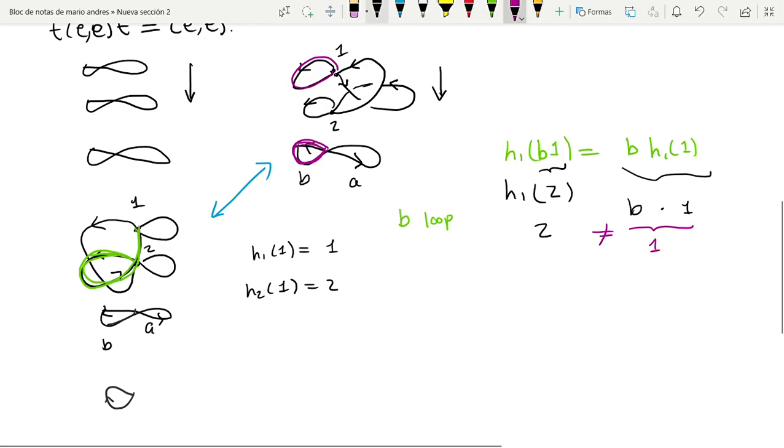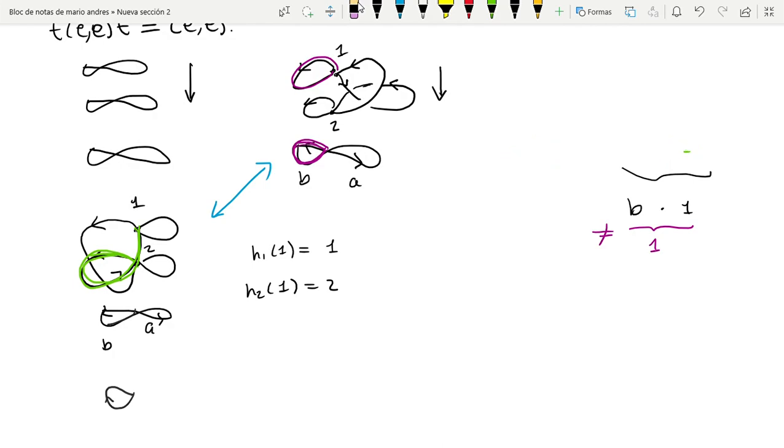So this bijection between the fibers is not good for preserving the covering structure. Okay, this one does not preserve the covering structure, right? Let's see the other one.